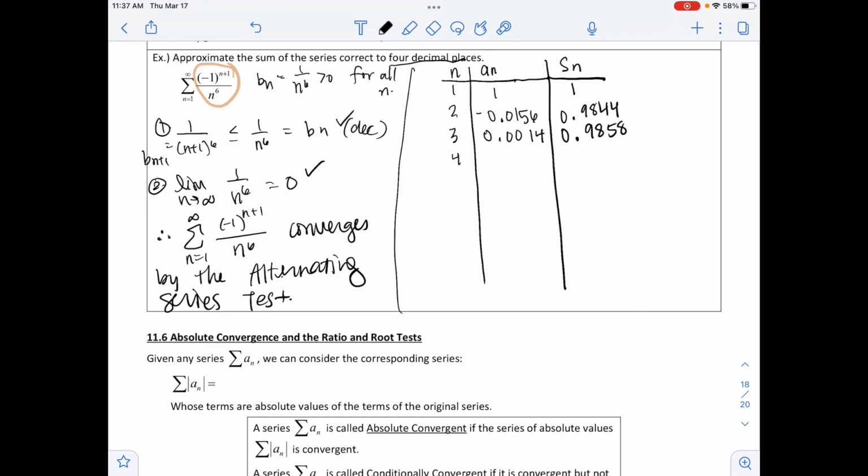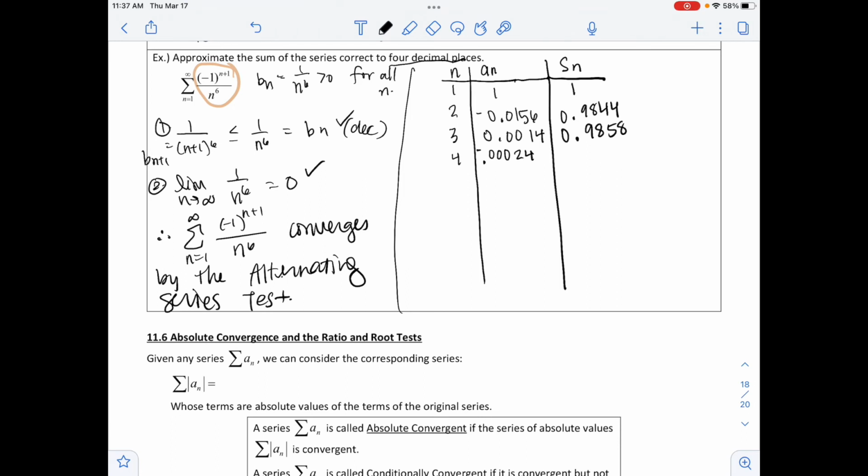So subbing in 4 to get the fourth term, we get negative 0.00024.